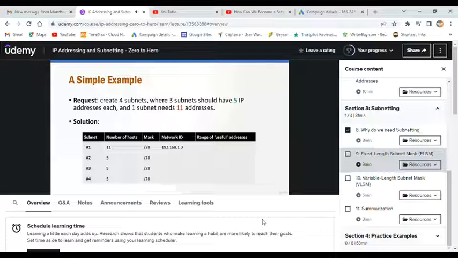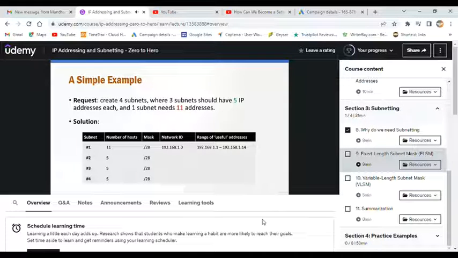The network ID we're going to begin with is 192.168.1.0. The range of useful IP addresses will begin at 192.168.1.1, and the last useful address is going to be 192.168.1.14. 192.168.1.15 is going to be our broadcast address that we can't allocate to a host or a router interface.